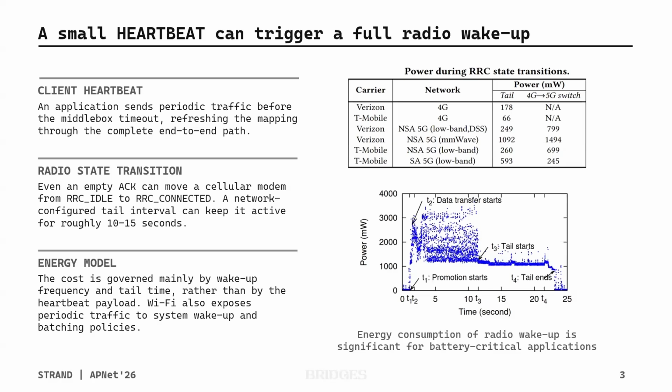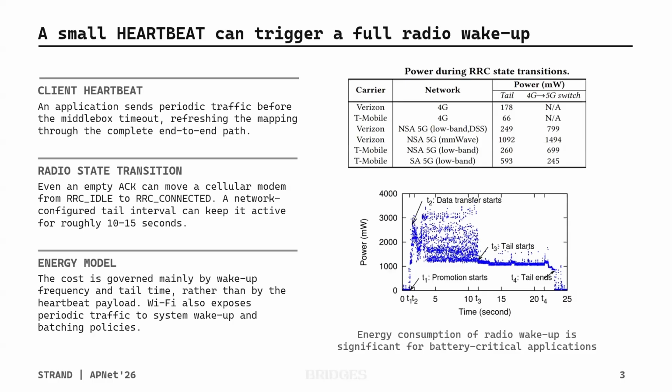The payload may contain only a few bytes, but payload size is not the main issue when considering device power consumption. On cellular networks, an outbound packet can move the modem from RRC idle into RRC connected state. The terminal exchanges control signaling and then remains in a higher power state during an inactivity or tail interval.